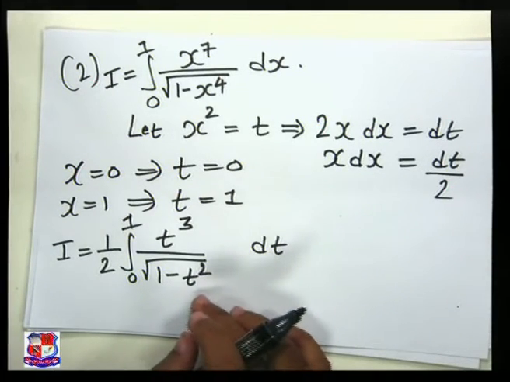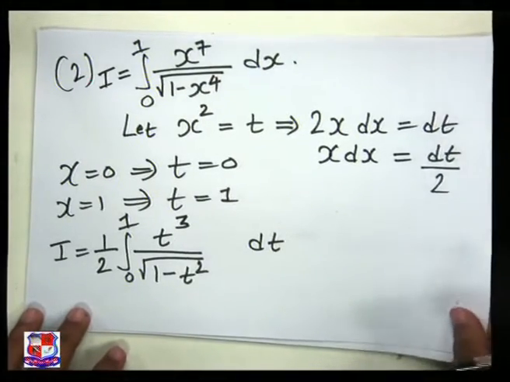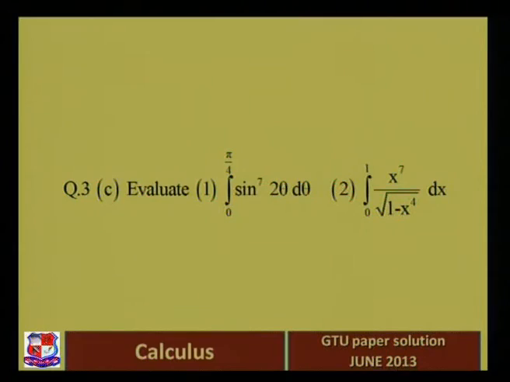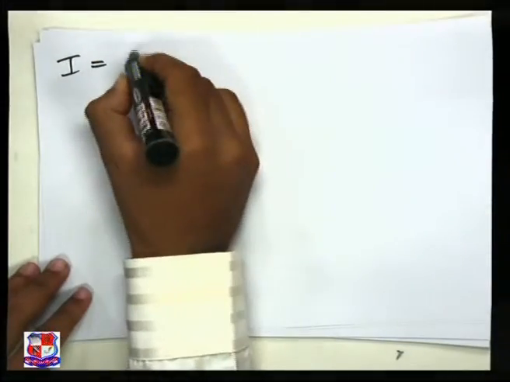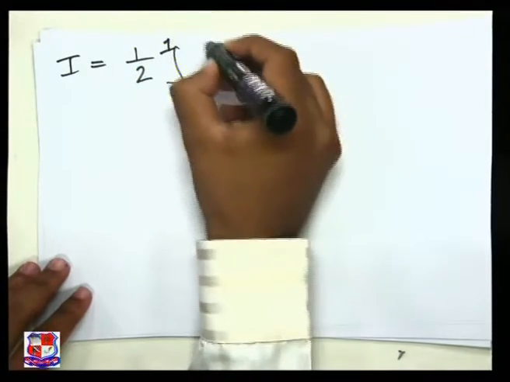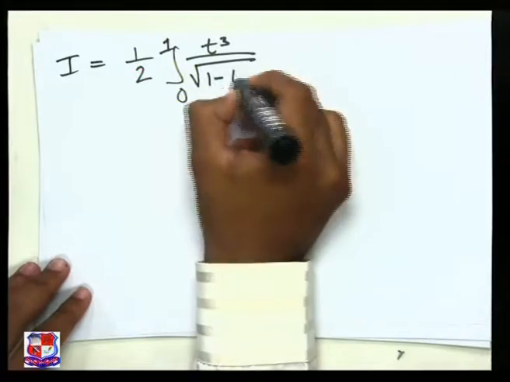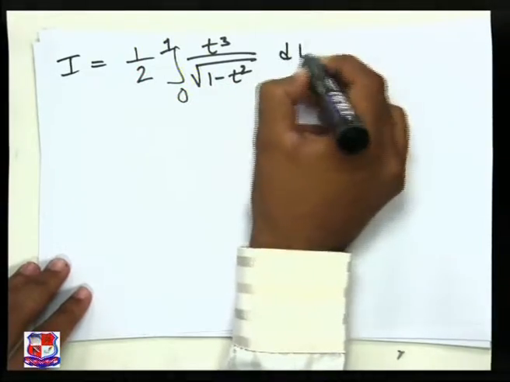Now let t is equal to sin theta. Remember this term: so our I is equal to 1 by 2 integration 0 to 1 t cube upon under root 1 minus t square dt.